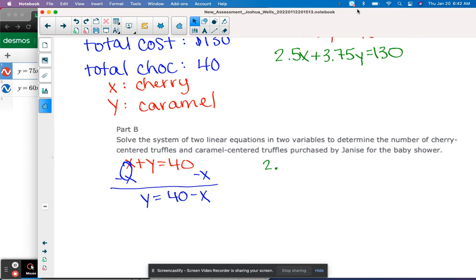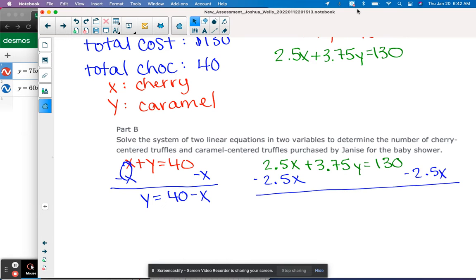So 2.5x plus 3.75y equals 130. Again, we're going to start off by subtracting 2.5x. This cancels and we're left with 3.75y equals 130 minus 2.5x.